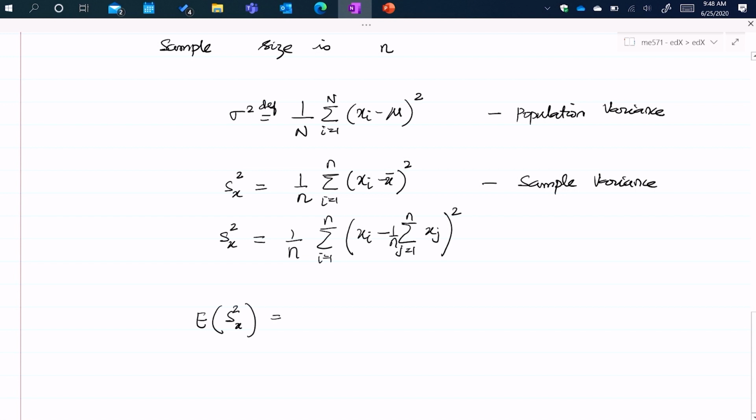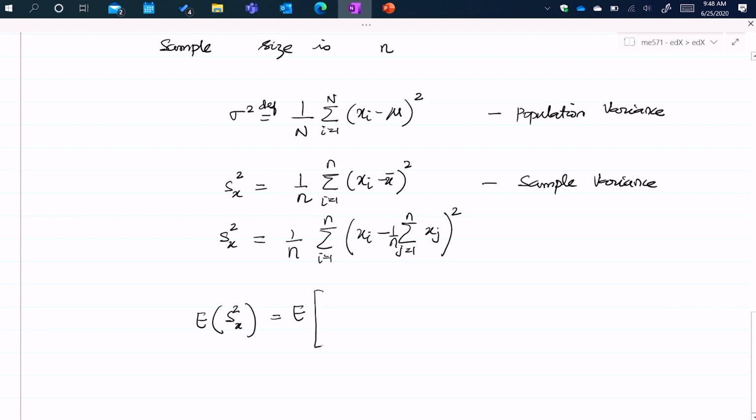Because I know this is going to be statistically distributed because n is smaller than cap N. Depending on the sample I choose, I'm going to get different variance and different mean values. But I do know the expected value of each xj would correspond to the population mean, and I'm going to use that fact here, as we did in the previous derivation.